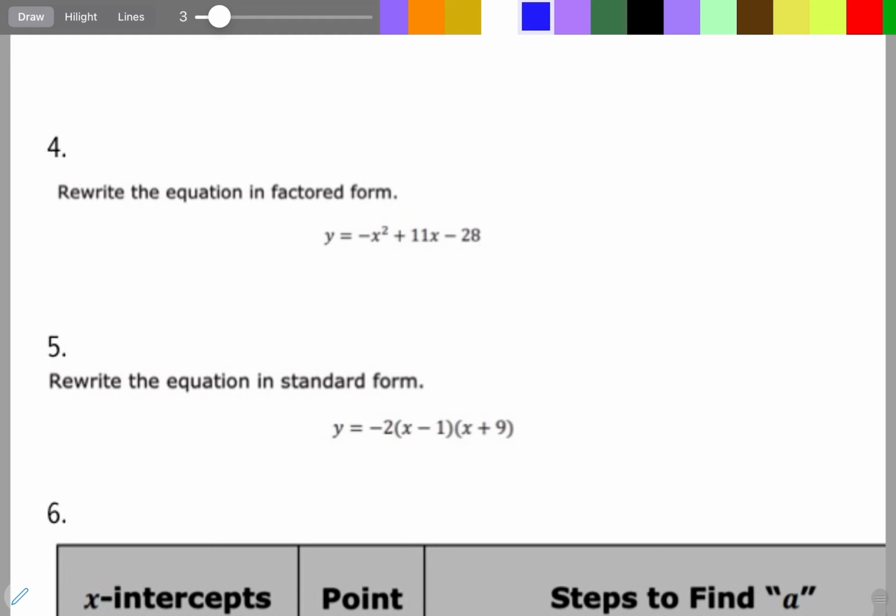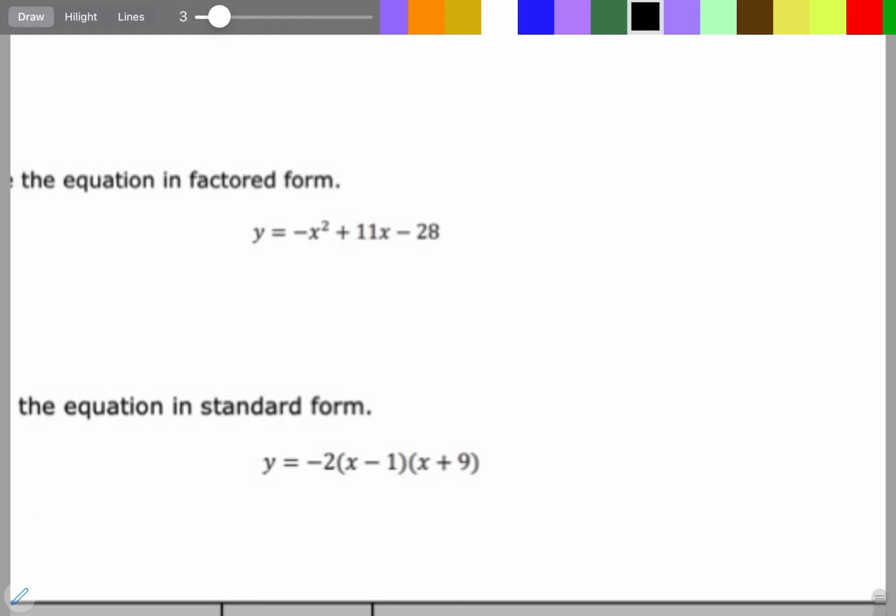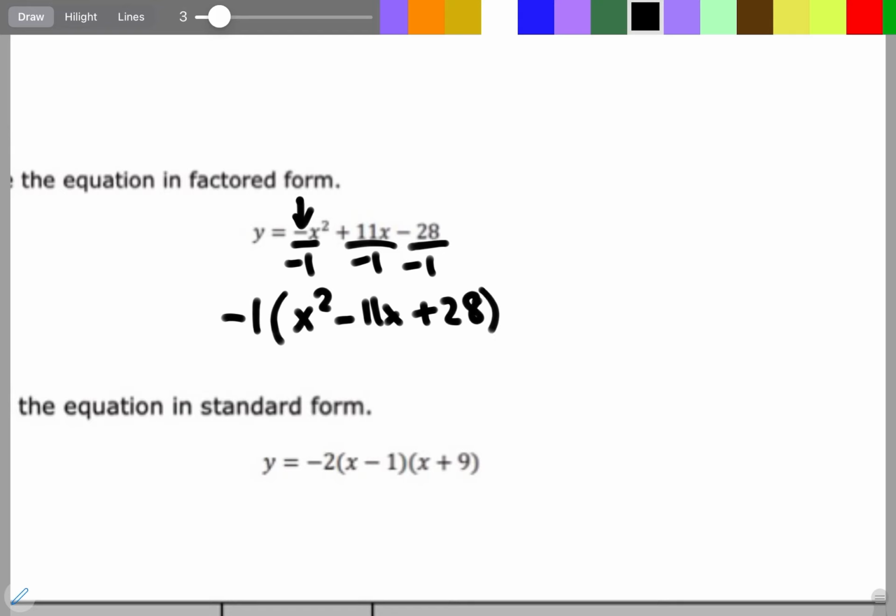Rewrite the equation in factored form. Should be a piece of cake. But the first thing we've got to do is get rid of this negative sign up front. Let's divide everybody by negative 1. And that's going to create a new problem for us. You end up with x squared minus 11x plus 28.